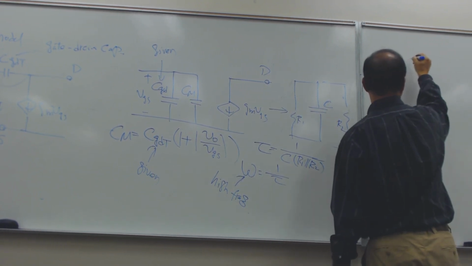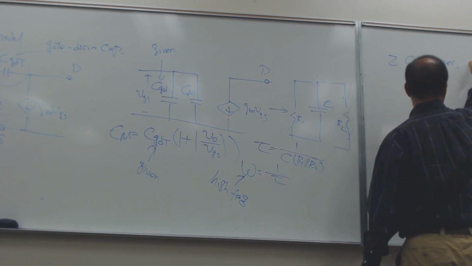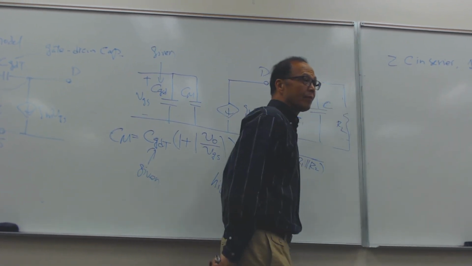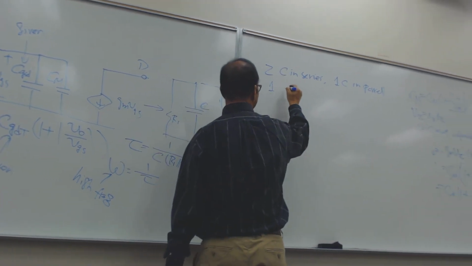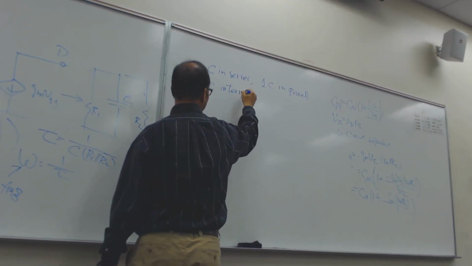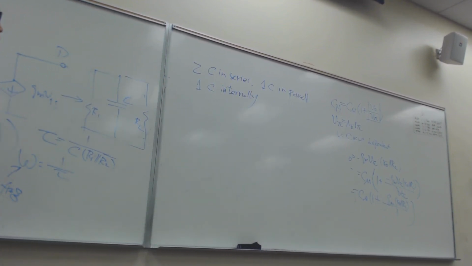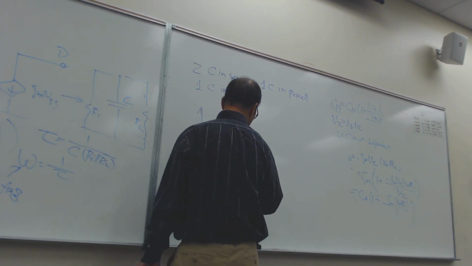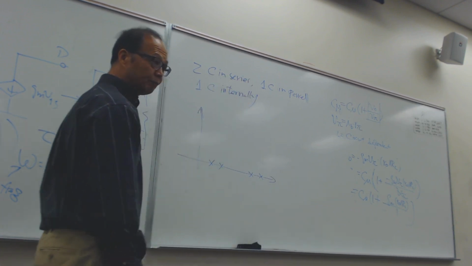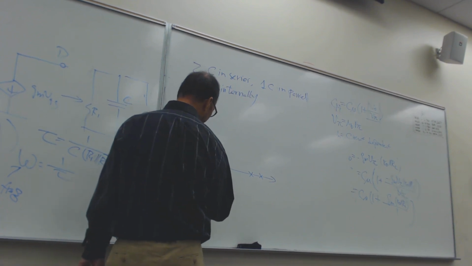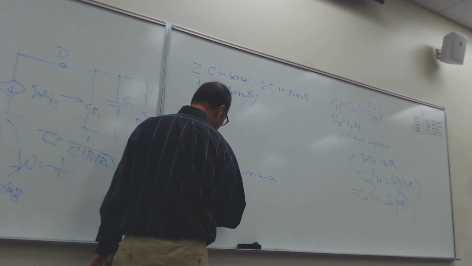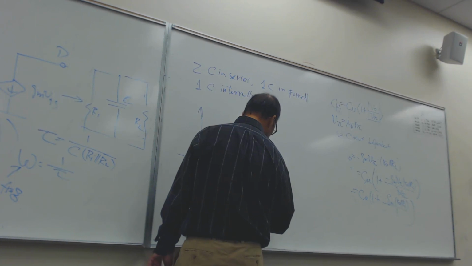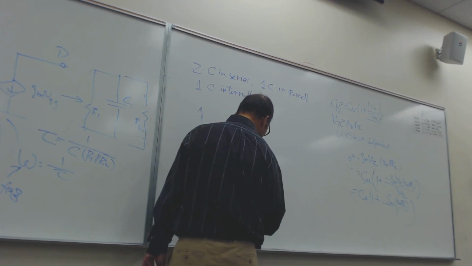I have 2 C in series, 1 C in parallel, and these are the external ones, and then you have 1 C internally.